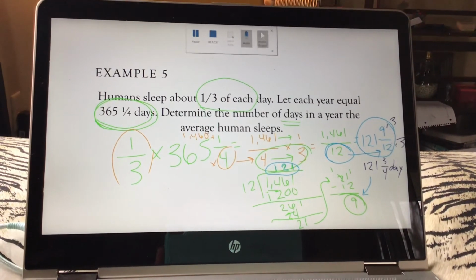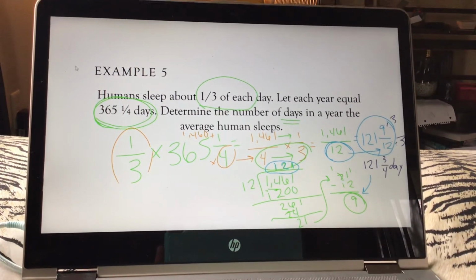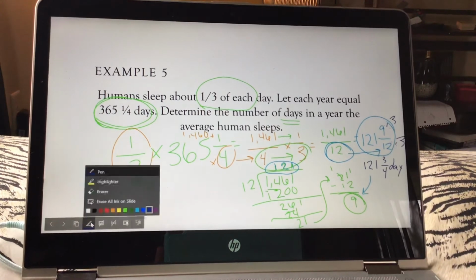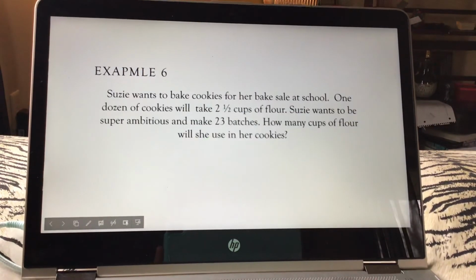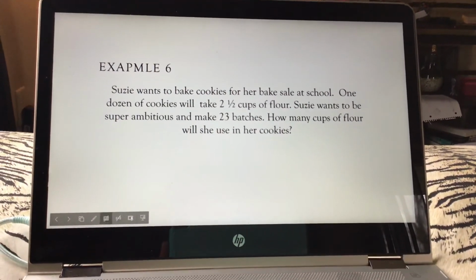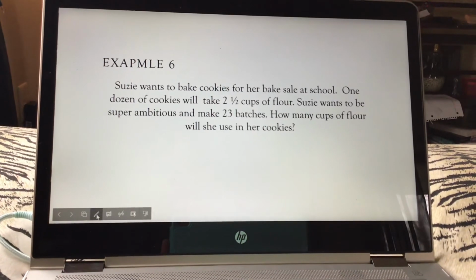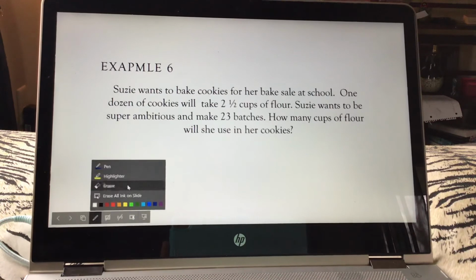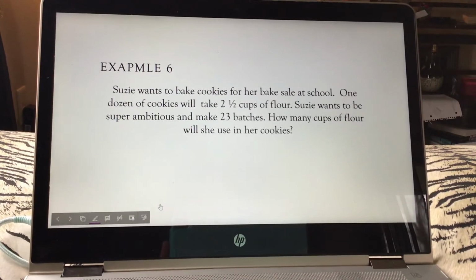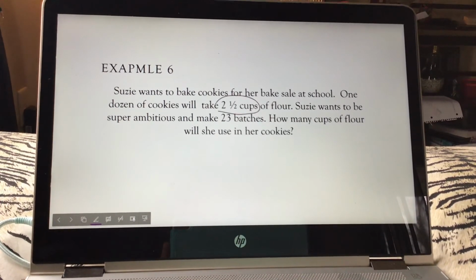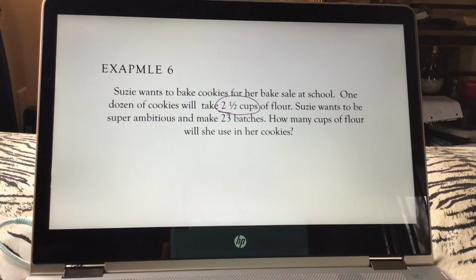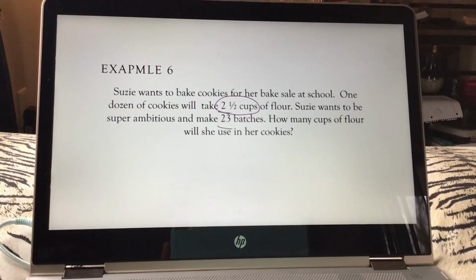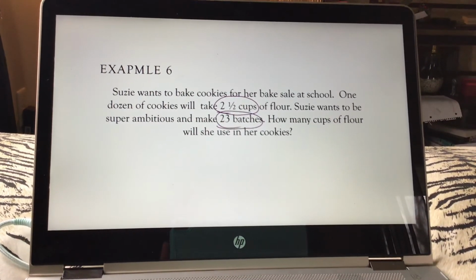Okay. So let's move on to our next example here. We have Susie, and she wants to bake cookies for her bake sale at school. 1 dozen cookies takes about 2.5 cups of flour. Susie wants to be super ambitious and make 23 batches of cookies.